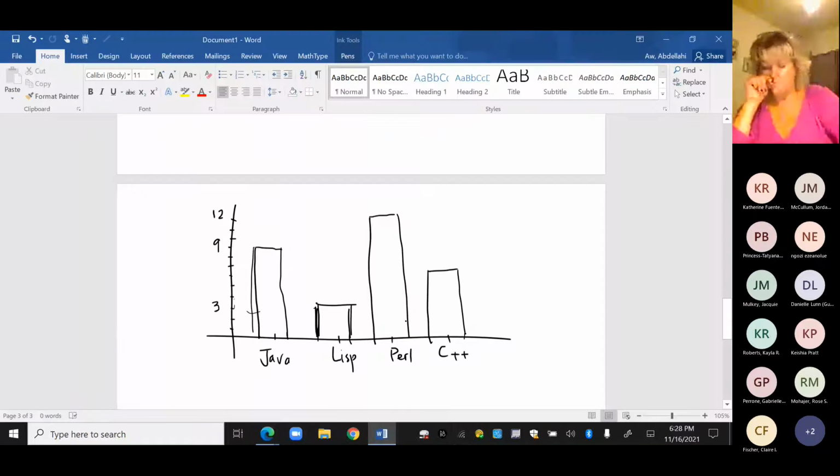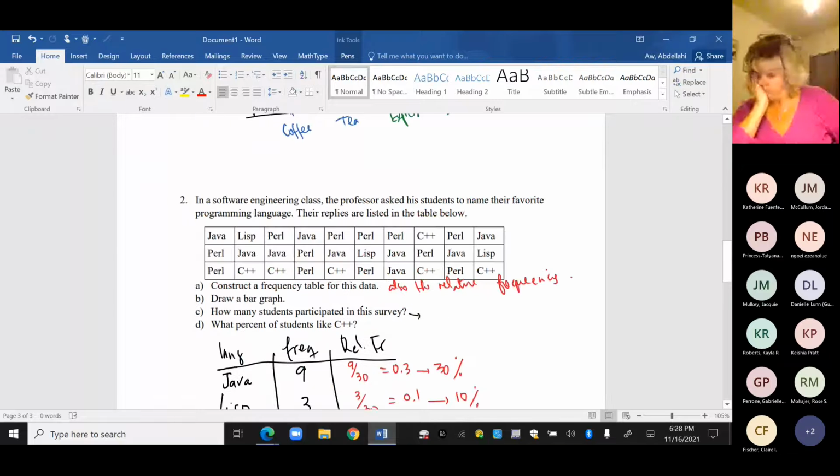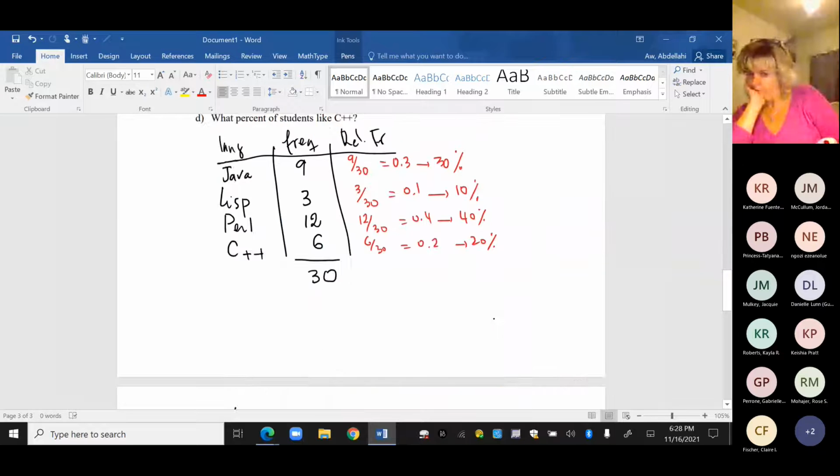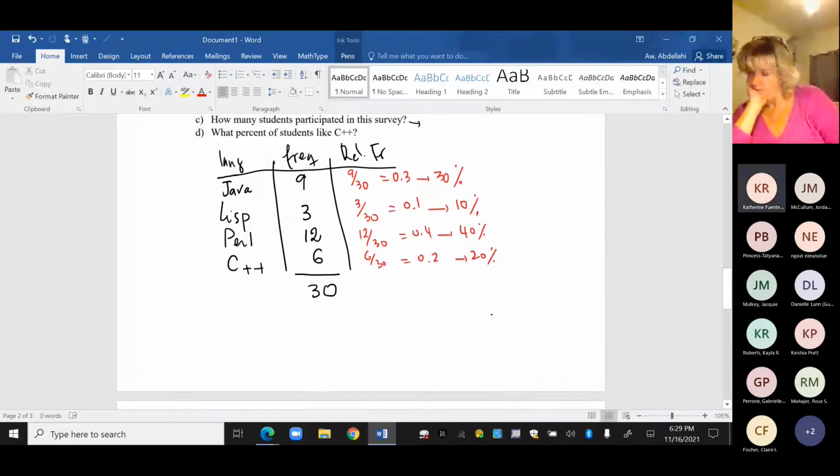All right. So now the next question. We drew a bar graph. How many students participated? We said 30 students. And then what percent of students like C++? 20%. To see what percent of students like C++, we divide the number of people who like C++ by the total number of people.